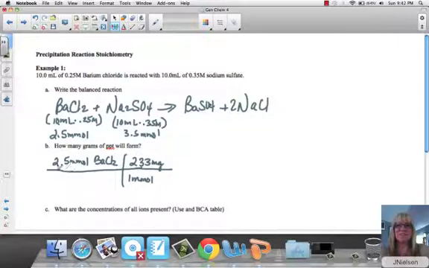So basically, when I multiply these, my millimoles cancel. I'm going to be left with milligrams, which is going to be 583 milligrams, or 0.583 grams.